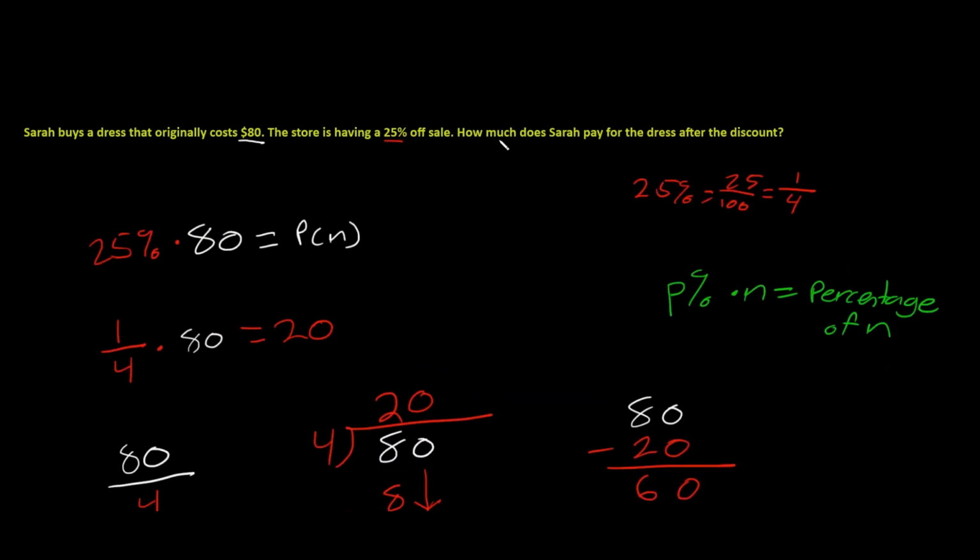So the answer to how much Sarah pays for the dress after the discount is $60. There's a lot of clutter here, so you can see the answer: the original cost is 80, the discount was 20, so we subtracted the discount, and that gives us the cost she pays for the dress after the discount, which is $60.